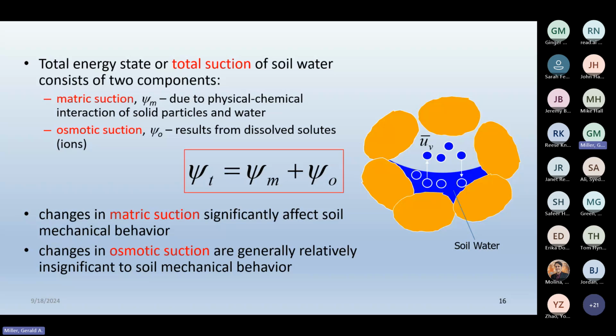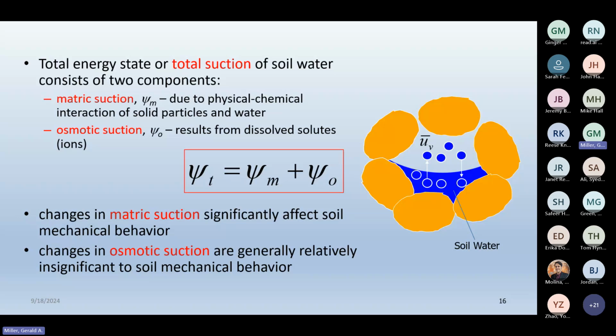Okay, if you look at my sketch over there, you'll notice that the water surface is curved. And that's due by and large to that matrix component of suction. That creates the pressure difference between the air phase. So if you imagine the air above the water, let's assume it's at atmospheric pressure. The water, because there's matrix suction, has a negative pressure.